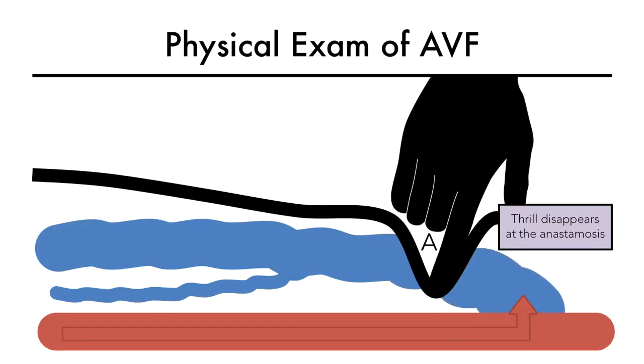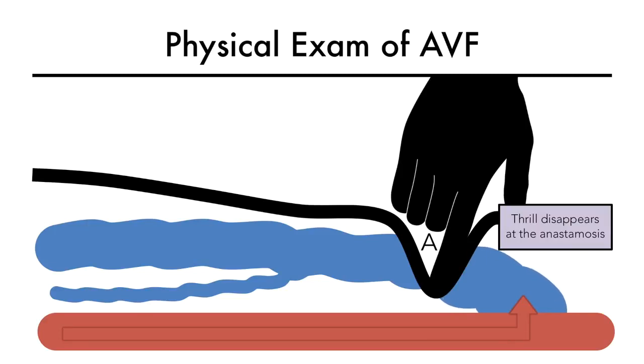So when you completely occlude the fistula close to the anastomosis, let's call it point A, just as you would do in the pulse augmentation test, you will find that due to interruption in flow that you created, the thrill at the anastomosis disappears.